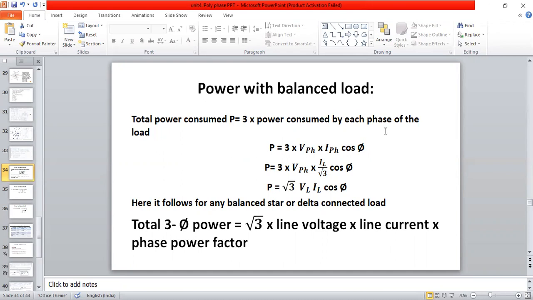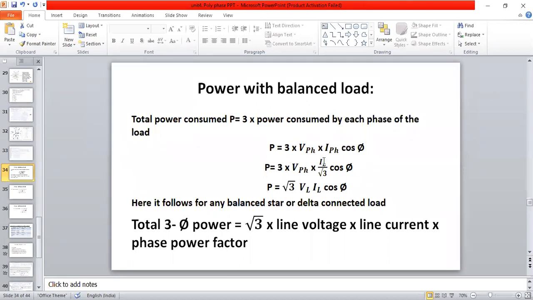Why are we using 3 here? Because it is a balanced system. In a balanced system, all the phase loads should be equal: the R load, Y load and B load are all the same.